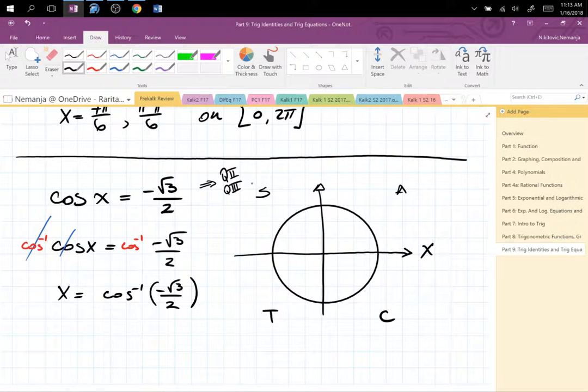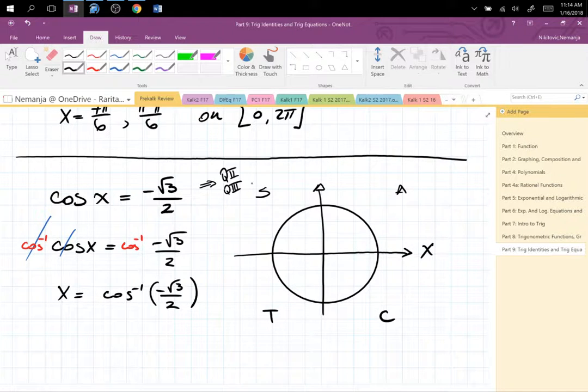If cosine is positive, it's first and fourth. So the sign here immediately determines which two quadrants you're going to have a solution in. And then we jump to see the numerical value of that solution, and a cosine of root 3 over 2, that's pi over 6 again.